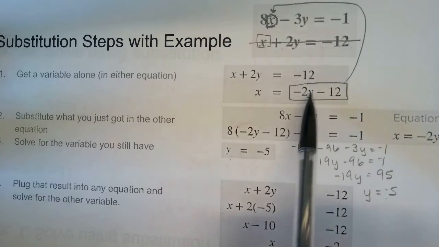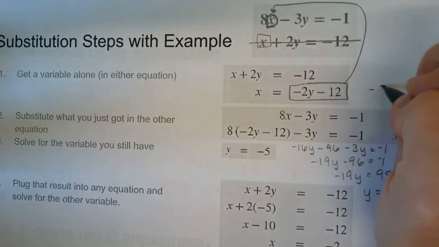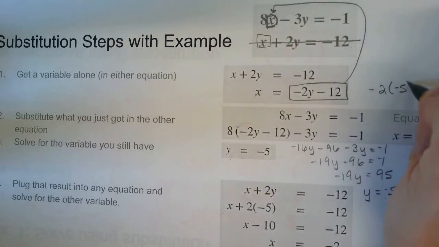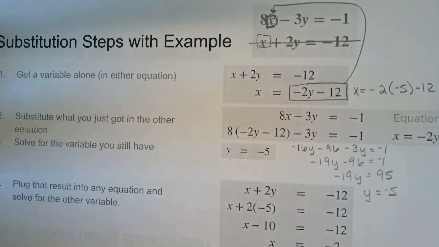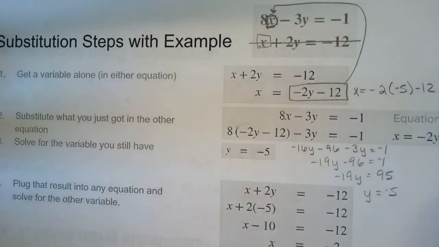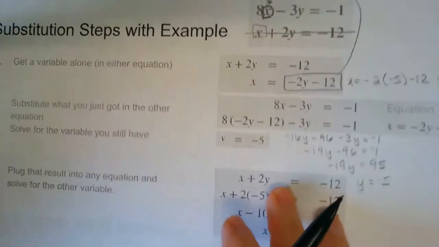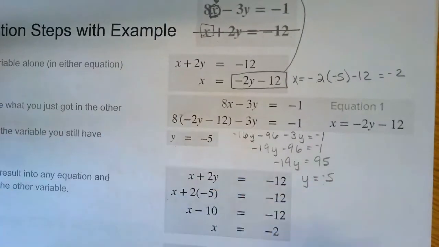I like to go back to the one I solved for because it's just a little bit less work for me. So I would go back to this one up here, and I would put in my negative 5 for my y so that I can find my x coordinate now. So I would do negative 2 times negative 5 on my calculator, which is 10, minus 12, which is negative 2. So my x coordinate would be negative 2, and my y coordinate would be negative 5.